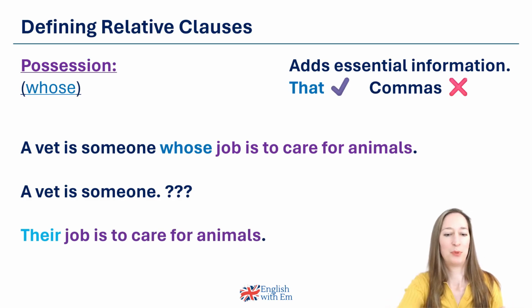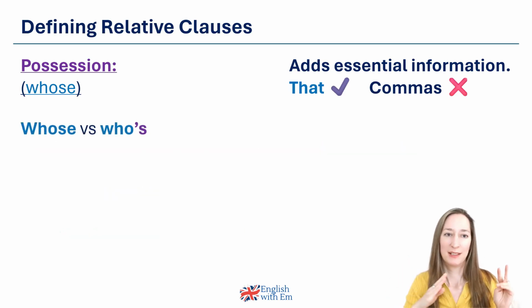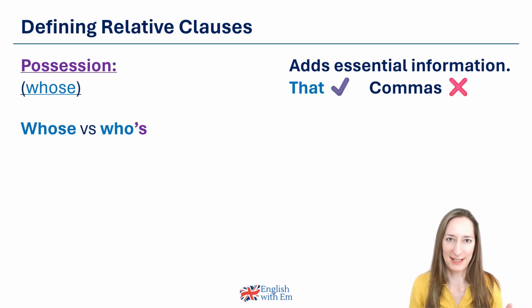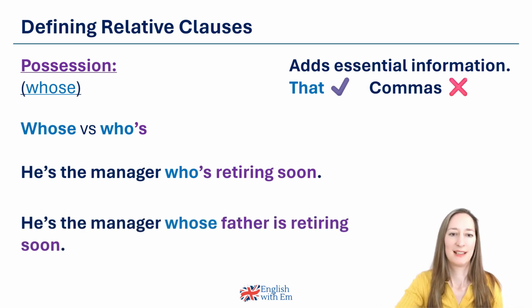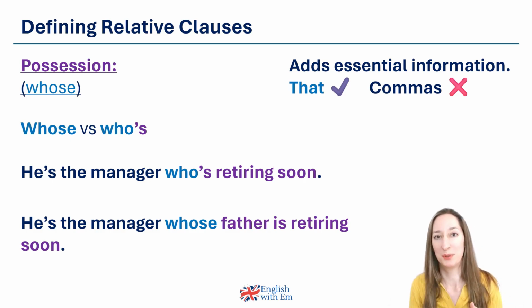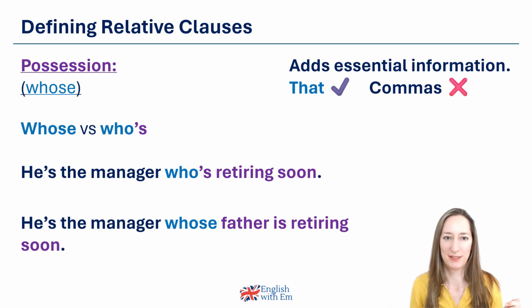Now, I just want to point out a common mistake. Who's versus whose. So they're pronounced exactly the same way. Whose, who's. How do we know the difference? Well, he's the manager who's retiring soon. He's the manager whose father is retiring soon. So if you're not sure whether you should be using who's or whose, ask yourself a question.